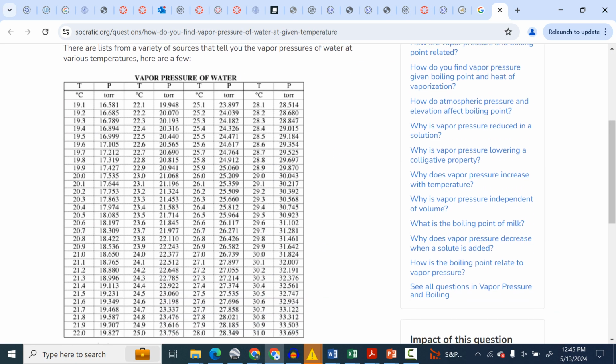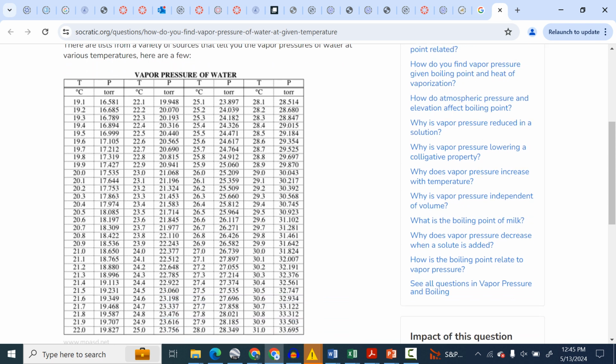This is all empirical. You can generate an empirical equation. So all we do is figure out what the temperature is, and then we can look up the vapor pressure. So let's say the temperature were 21.0, the vapor pressure would be 18.650 torr.